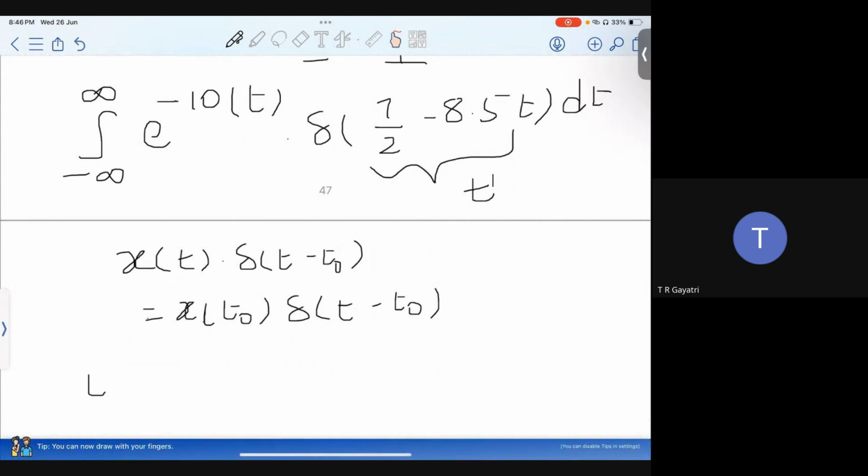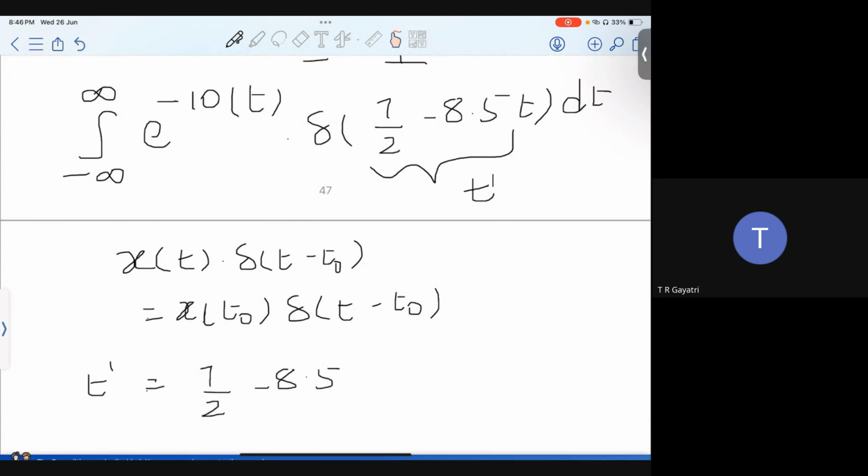So t prime is 7/2 minus 8.5 t, right? And I want to get rid of this 8.5 t.